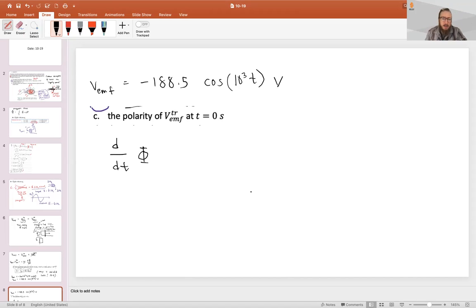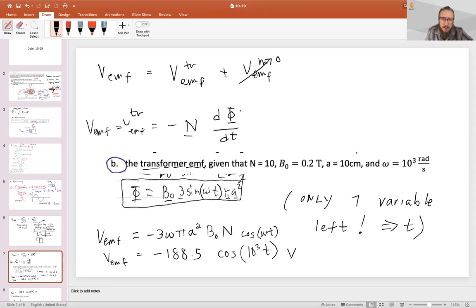And if we evaluate this at t equals 0, this will give us information about our polarity. So at t equals 0, what is d phi dt? Is it positive or negative at time 0? It would just be that negative 188.5.